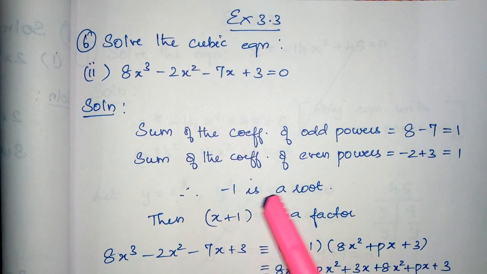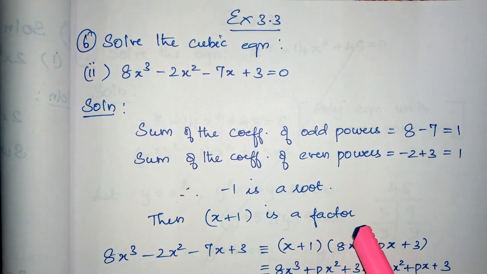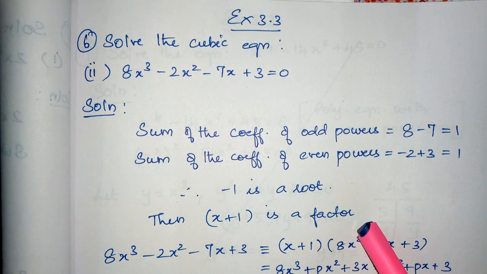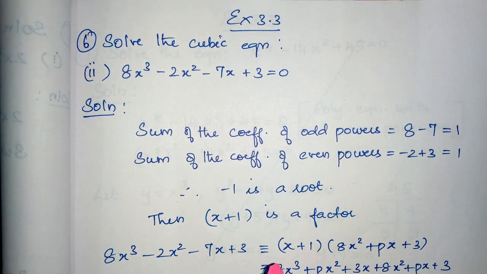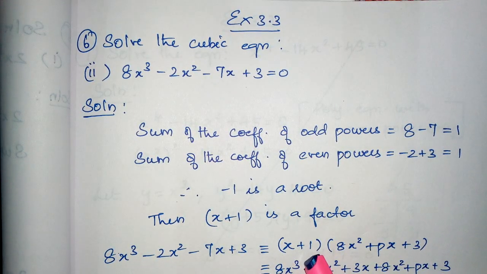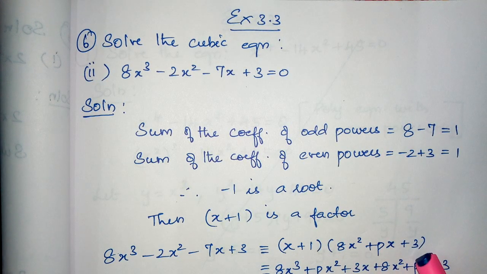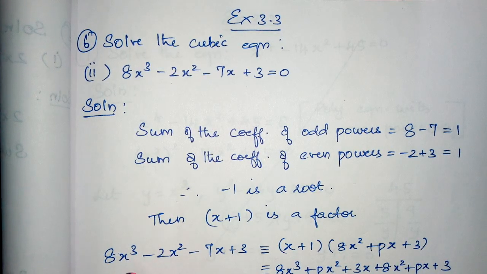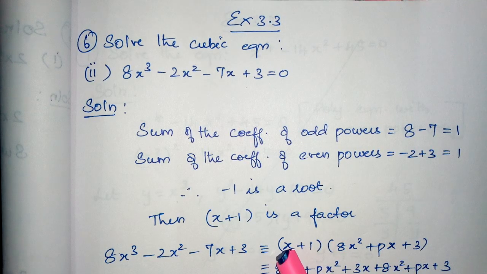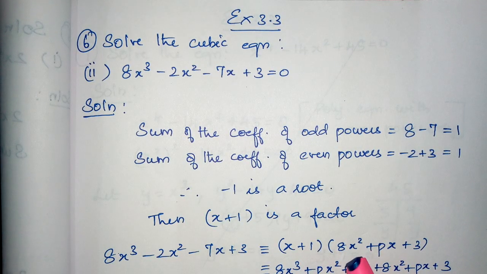Now since minus 1 is a root, x plus 1 is a factor. Right? This part I explained in subdivision 1, and I'll explain again. Check here, the degree is x to the power 3. Since I have x here, I have to put a term x square, then x into x square is x cube.